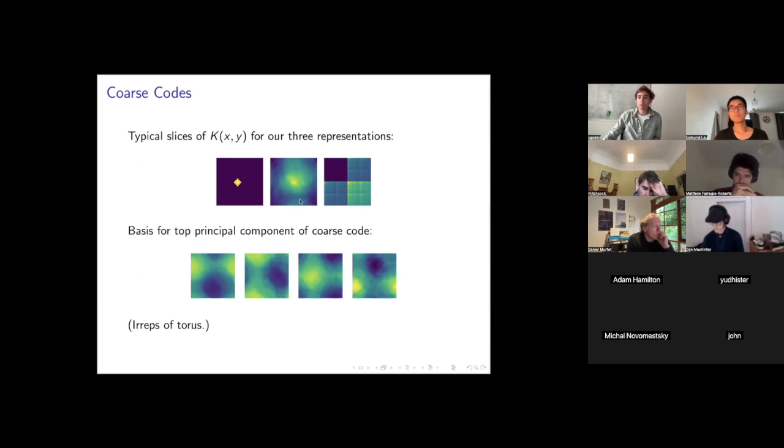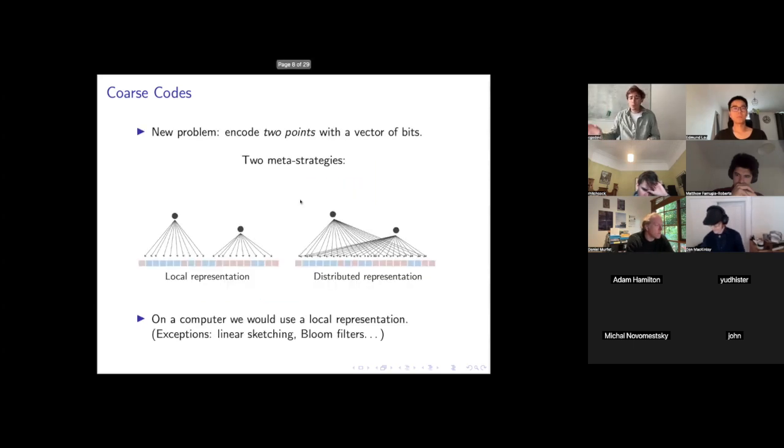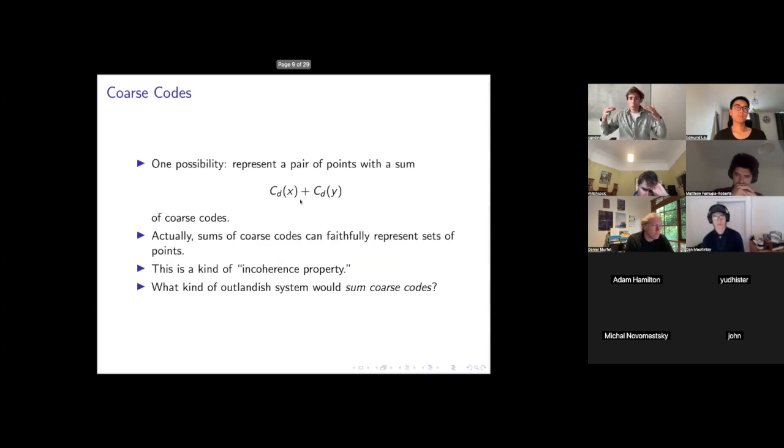Then this function would become something which has two peaks, one at x and one at y. So it's intuitive that for sufficiently large D, if I have enough dimensions in the coarse code, this is a faithful representation. Another way of saying this, there are actually a whole bunch of properties which are equivalent. Another property you might want of a coarse code is that for sufficiently large D, I can approximate many functions as linear functions of the coarse code.